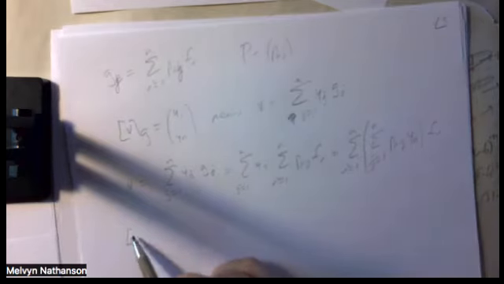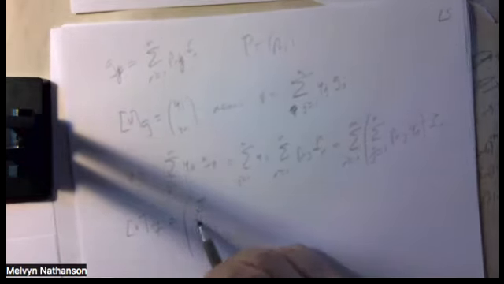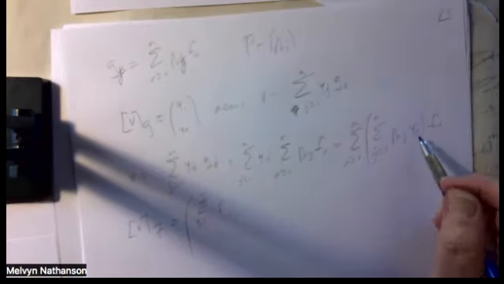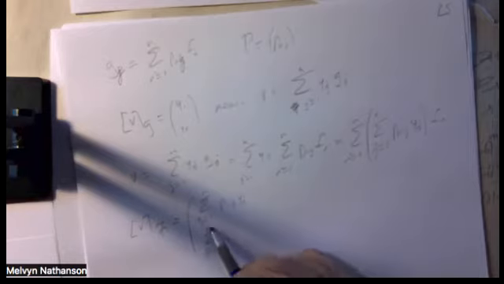So the coordinate vector for V with respect to F is summation j from 1 up to n, p_1j y_j, summation p_2j y_j, down to summation p_nj y_j.